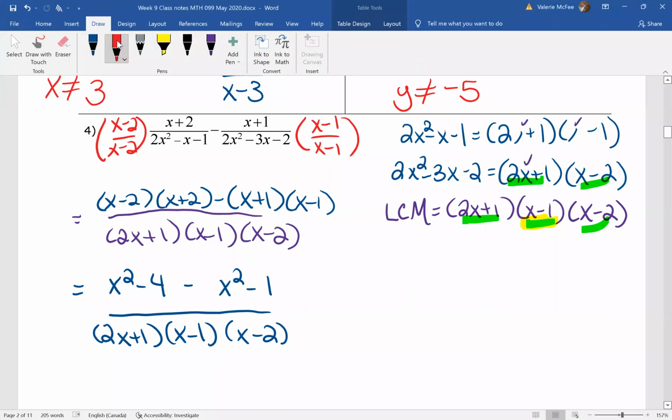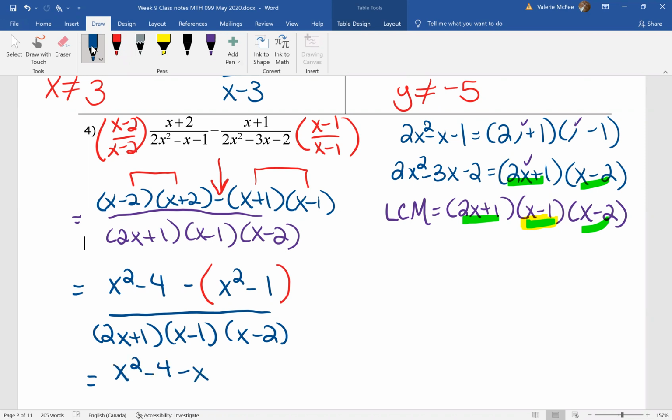You should have used the difference of squares formula for each of these, a squared minus b squared, to multiply those. And you should have paid attention to this minus sign. We are subtracting all of this. So we could write this as x squared minus 4 minus x squared plus 1 all over that common denominator.